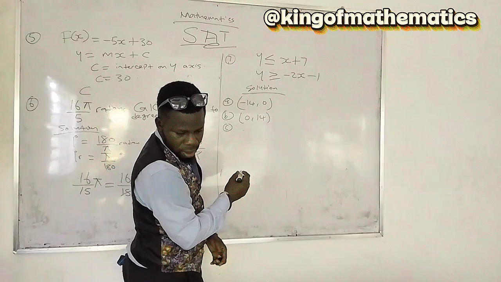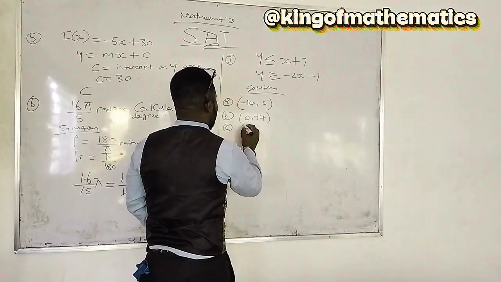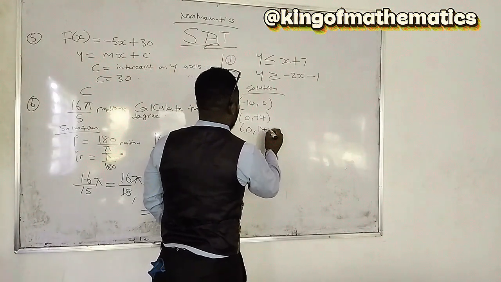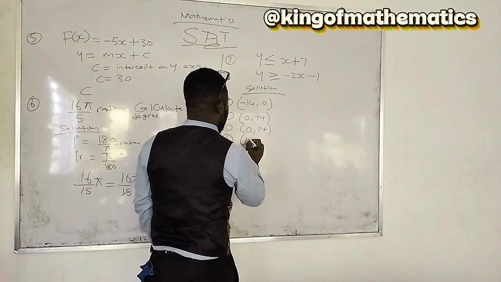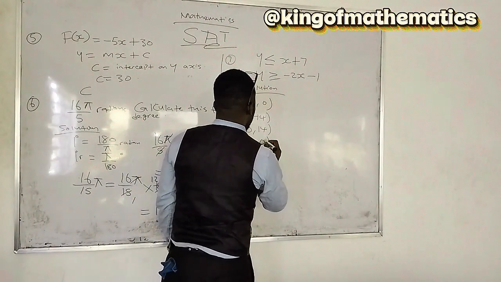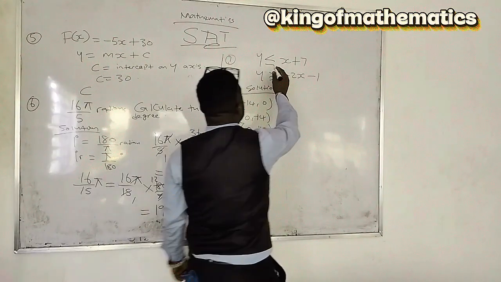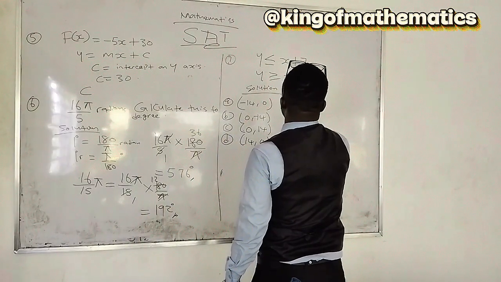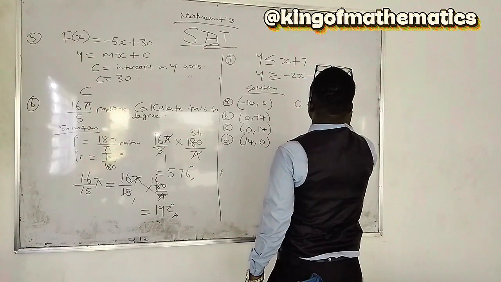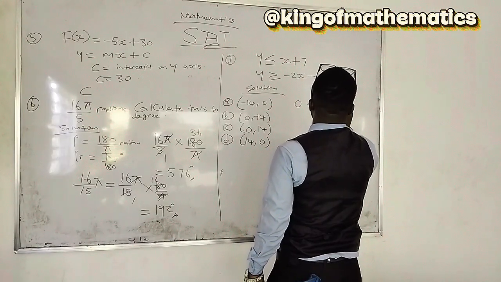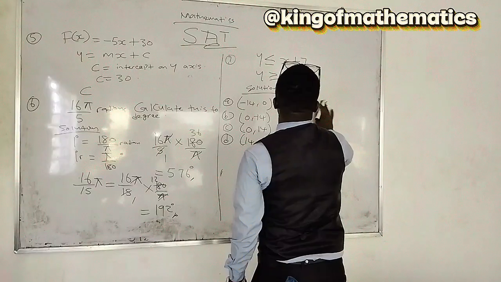C, sorry, 0 comma minus 14, 0 comma 14, and D we have 14 comma 0. So for this one, we are assuming that 0 is less than our x. Sorry, let's put it here and see.